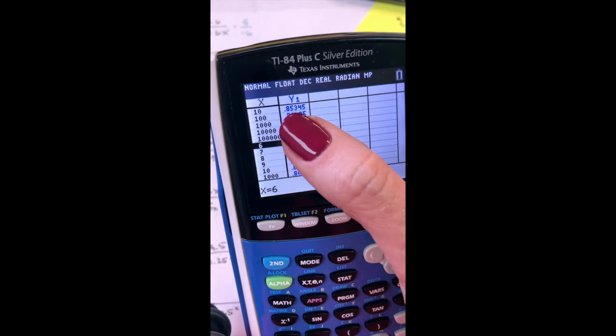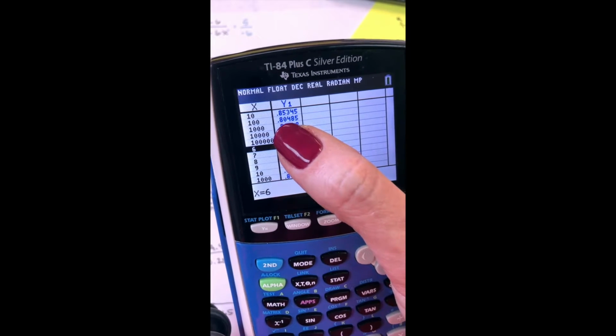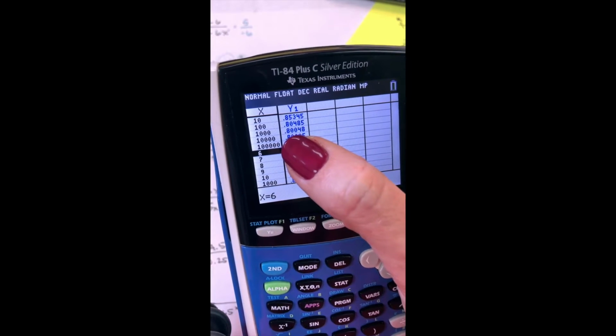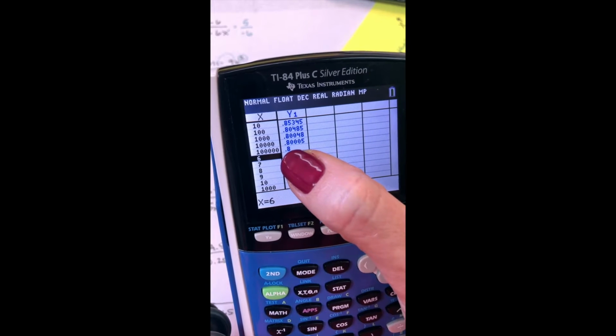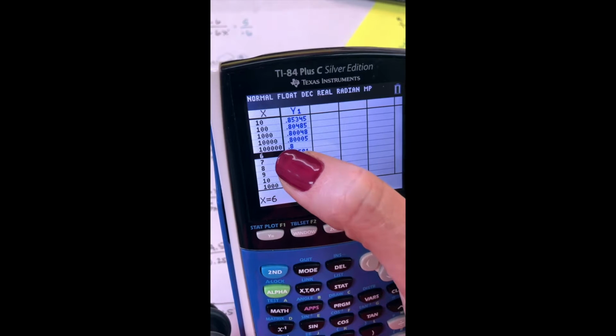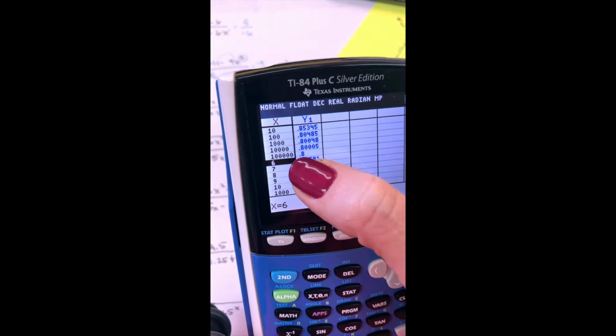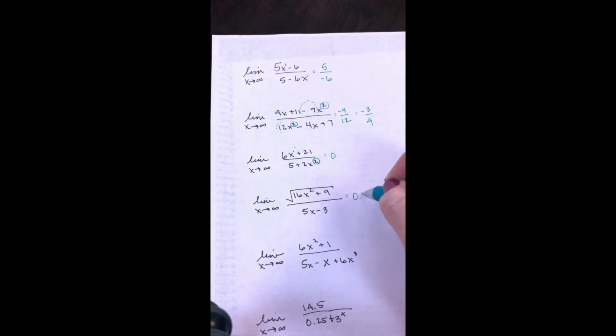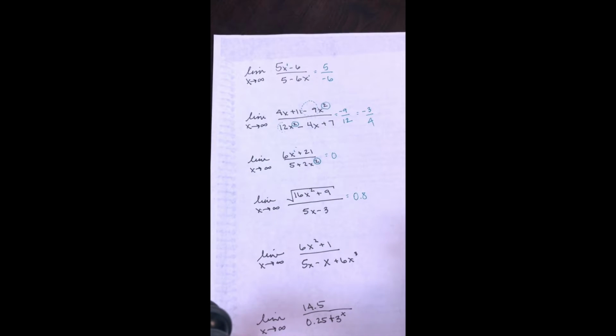And we start out at 0.85345, then we go to 0.80405, then they're going to change, but it looks like as my x variable gets bigger and bigger, my output is getting closer to 0.8. So I could, if I completely went into vapor lock, consider this 0.8, but let me show you how this works if you don't have a calculator.